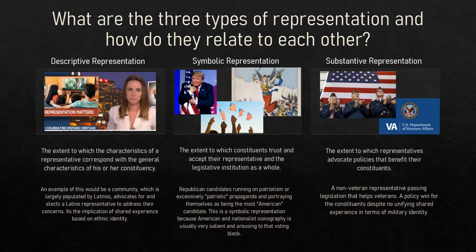It's essentially just seeing what is a salient identity or iconography within the voting bloc that you're trying to rouse and rally, that you're trying to make turn out for you, and just kind of harping on that. Good example, Republican candidates run on patriotism. Donald Trump hugs flags, and there's a lot of very hard American iconography within a campaign for conservative candidates.